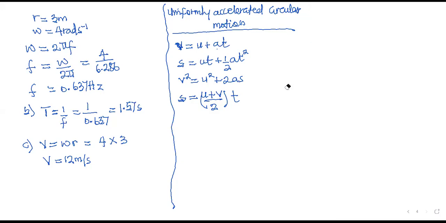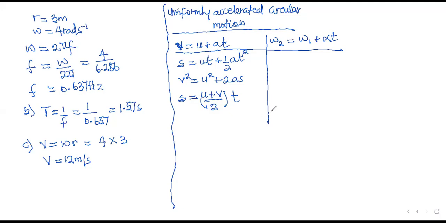We have the same equation under circular motion. V is linear velocity; under circular motion, that would be angular velocity. So omega 2, meaning final angular velocity, is equal to omega 1, initial angular velocity, plus angular acceleration times time.